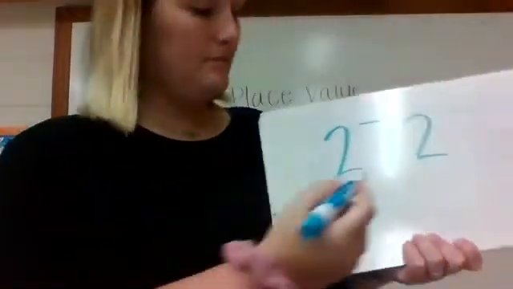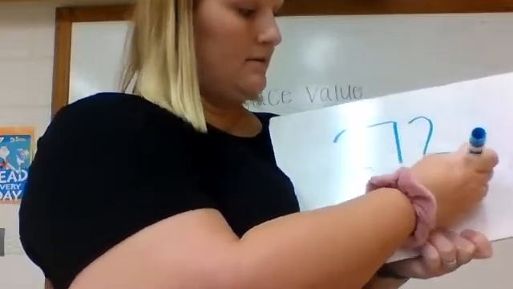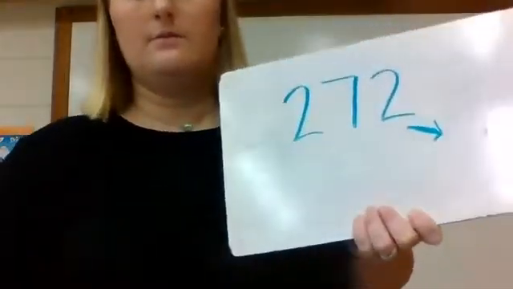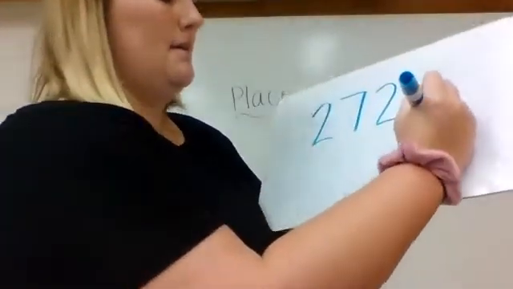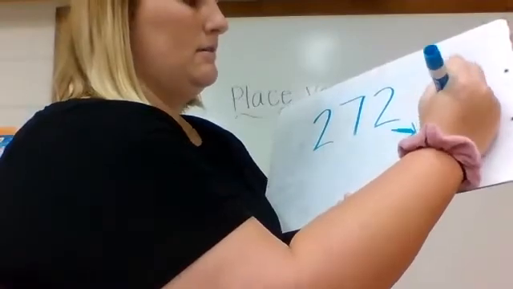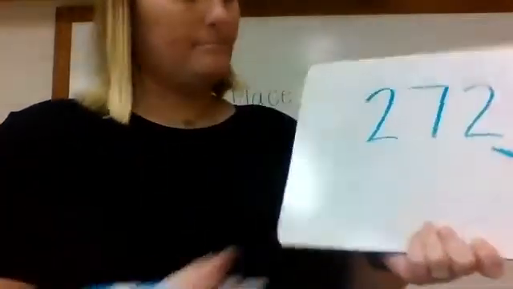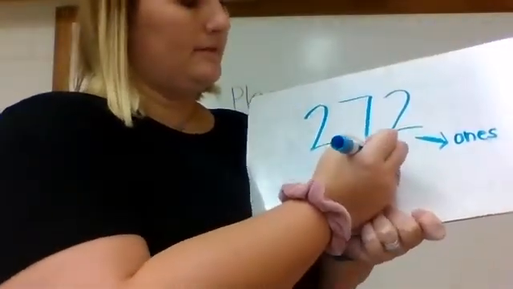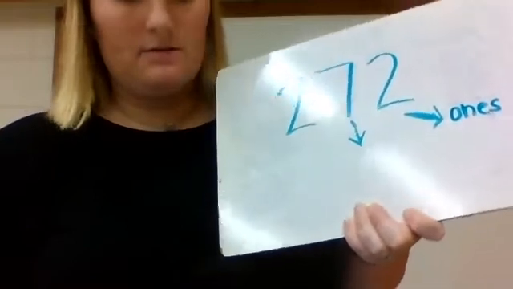So this 2, we're going to start over here. What place value do you think that's in? This number 2, this place value is the ones. What about the number 7? What do you think this place value is?